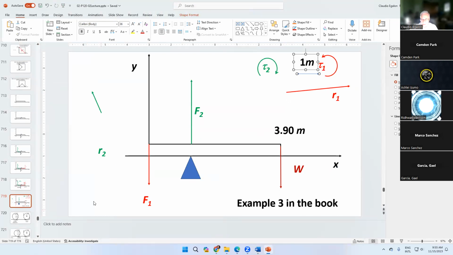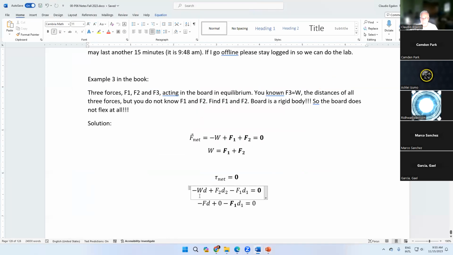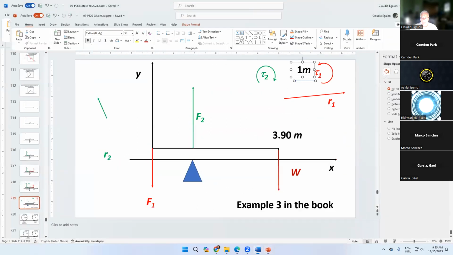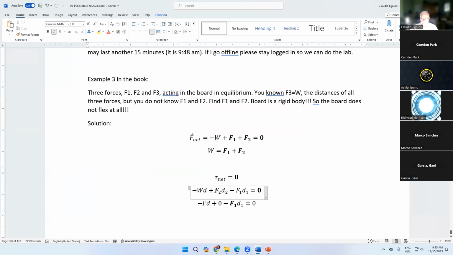This one produces a clockwise torque. F2 again is going to be a counterclockwise torque. We know this distance here, and this one doesn't produce any torque whatsoever.